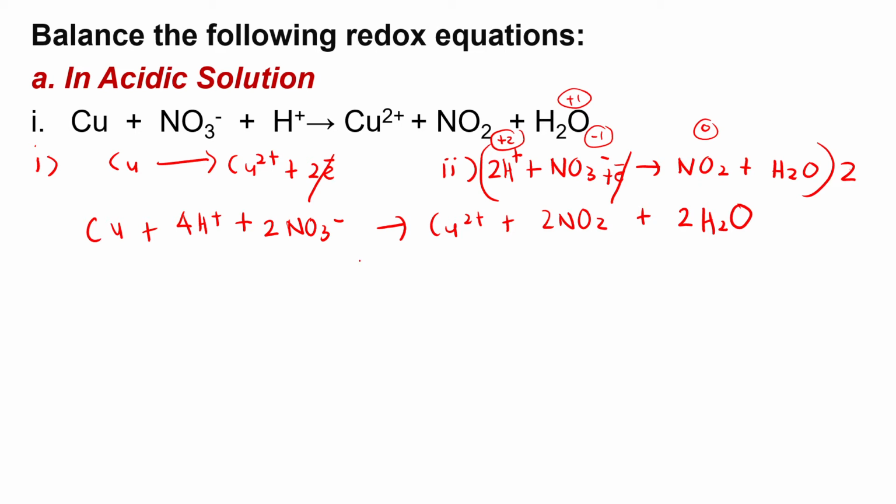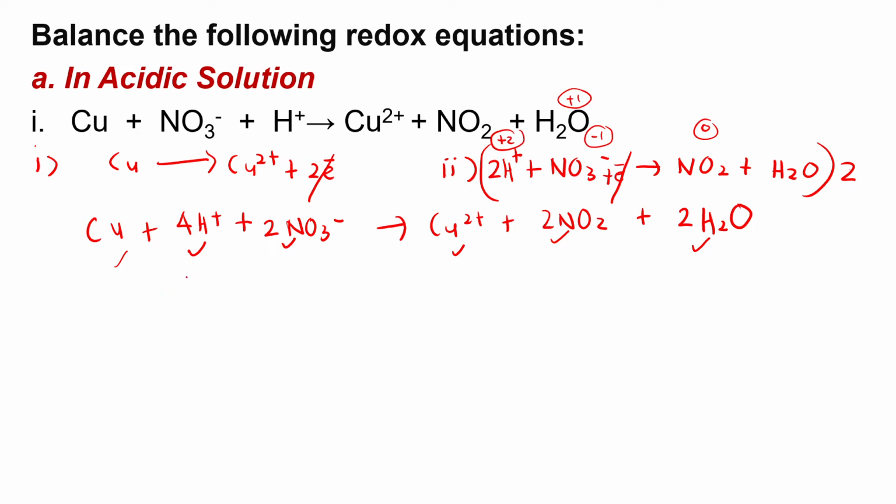Okay, so this is the answer. So double check: 1 Cu, 1 Cu, 4H, so we have here 4H. Here we have 2N, so 2N. 2 plus 2, 4O. Okay, 4 plus 2, 6O here.